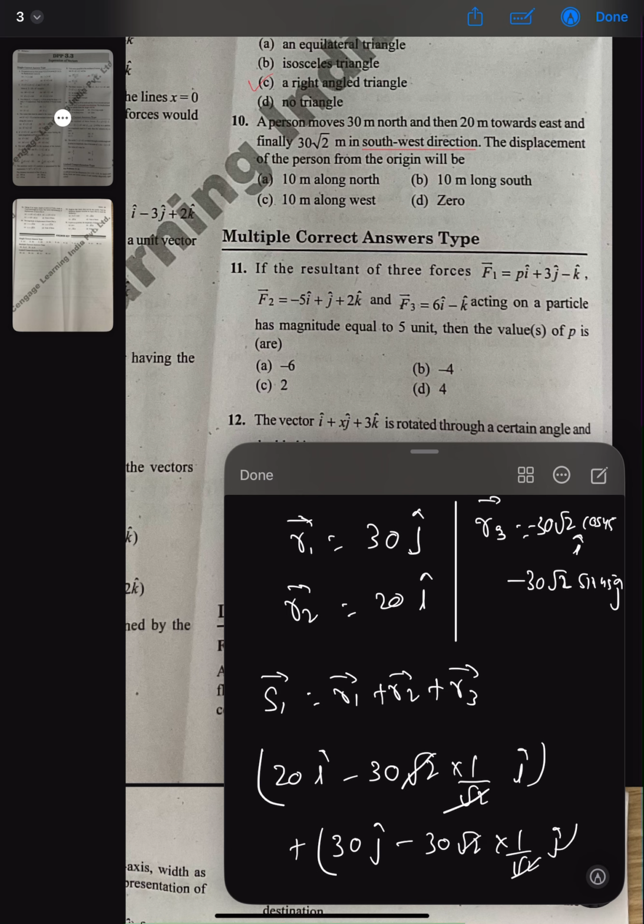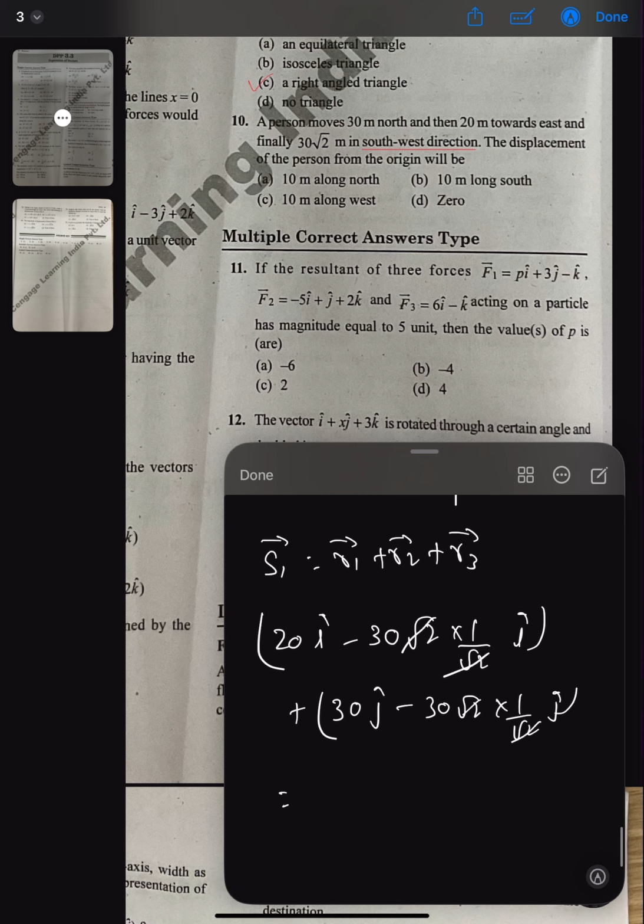So it will become minus 10 i cap, the j part becomes 0.